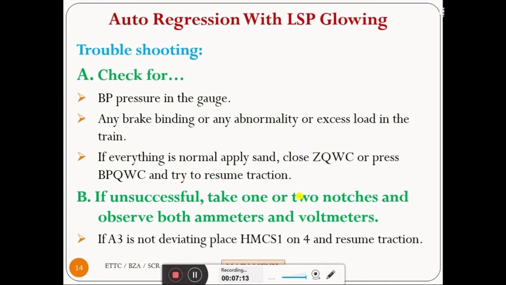If A3 is not deviating, we all know that nowadays each traction motor branch is connected with 1 meter, that may be voltmeter or ammeter. So if A3 is not deviating, which means there is open circuit on the TM3 branch. So place HMCS on 4 and resume traction.